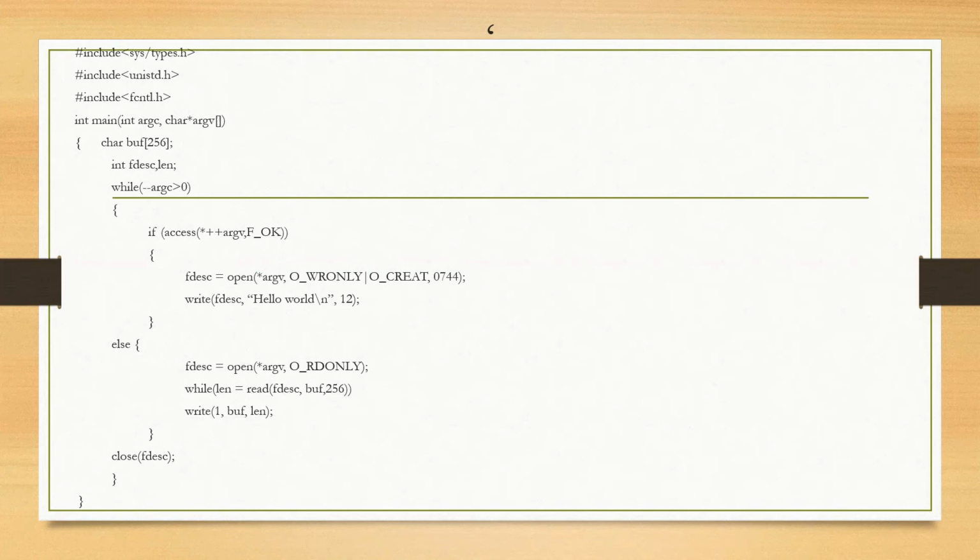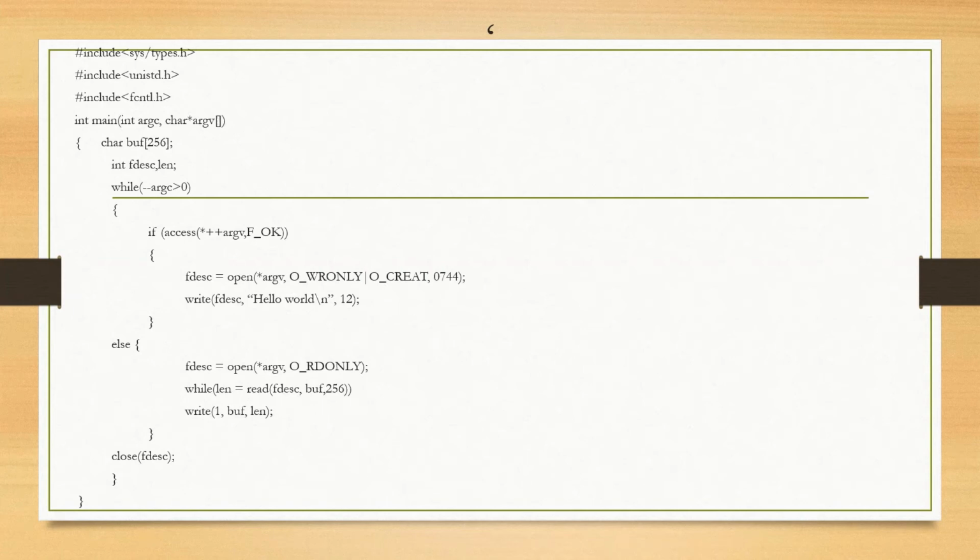That access is considered R_OK or W_OK with the corresponding function access, and it is assigned to an integer type value. If the flag is F_OK, the function returns 0 if the file exists and -1 otherwise.